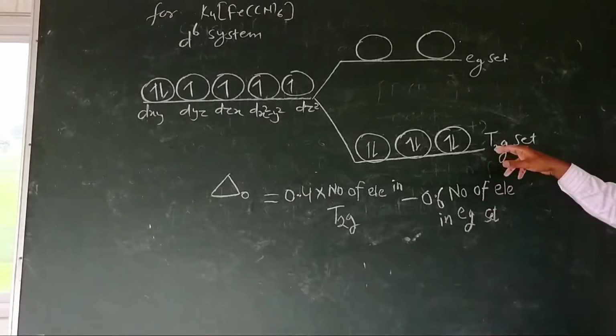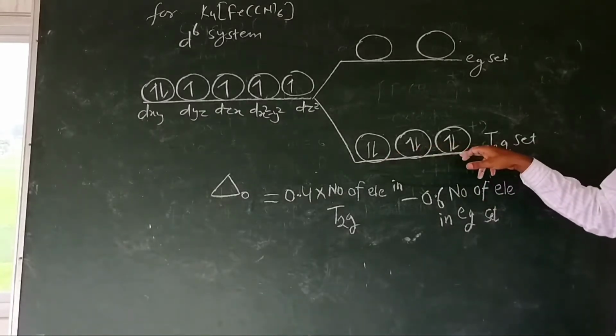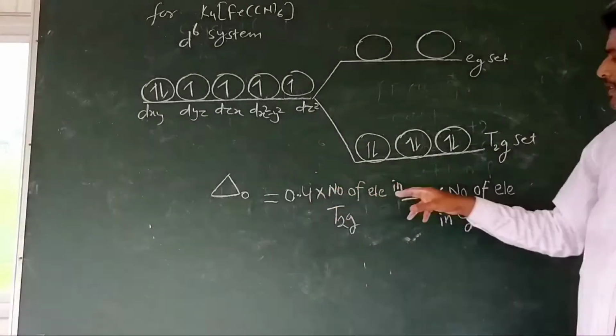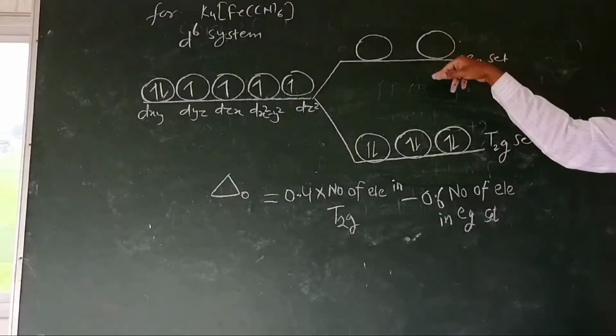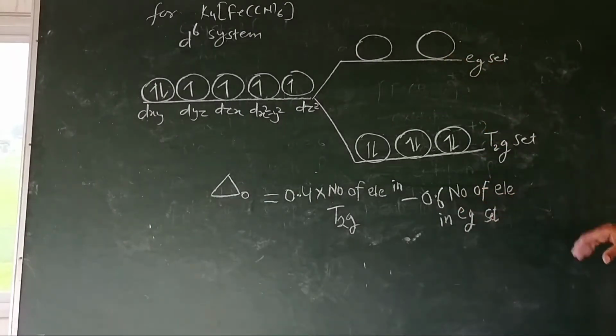The number of electrons in the T2G set is 6. So 0.4 times 6 minus 0.6 times 0, since there are no electrons in EG.